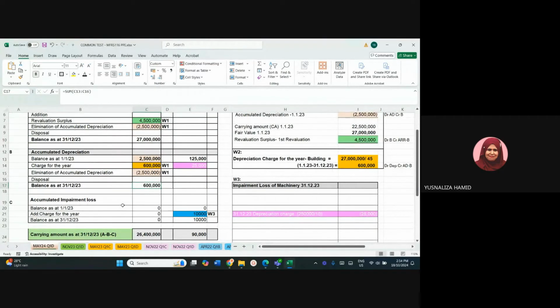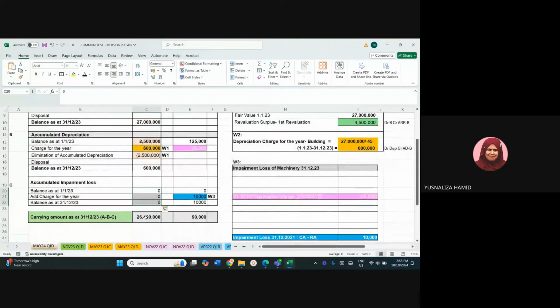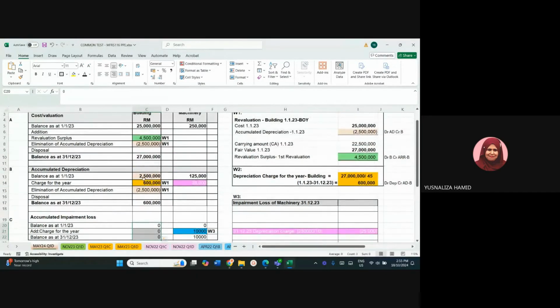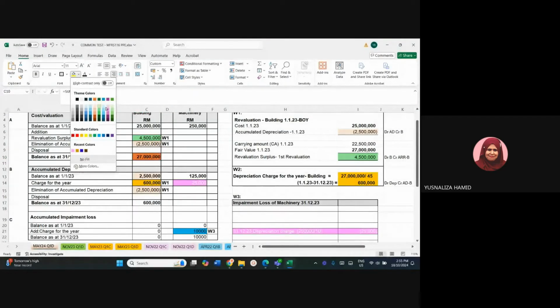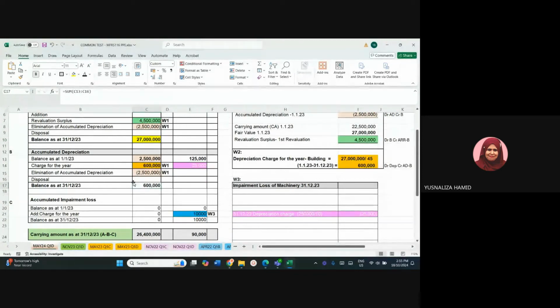And therefore, there is also no impairment loss for building. So I put all zero here. And at the end of the year, the carrying amount for the building would be 27 million minus 600,000 and minus zero.